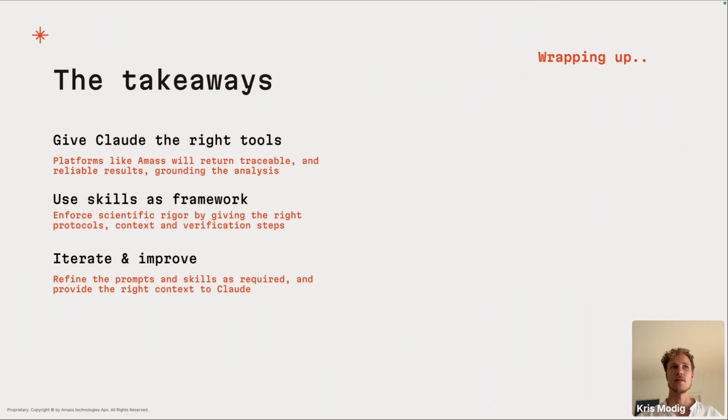And using skills as a framework for performing the work is also important, like any protocol in a lab, for instance. You need to make sure that you're doing the same things in the same way, have clear instructions for the user, or in this case, Claude, to perform the different steps using the right tools, having the right context, and also maybe verification steps involved.